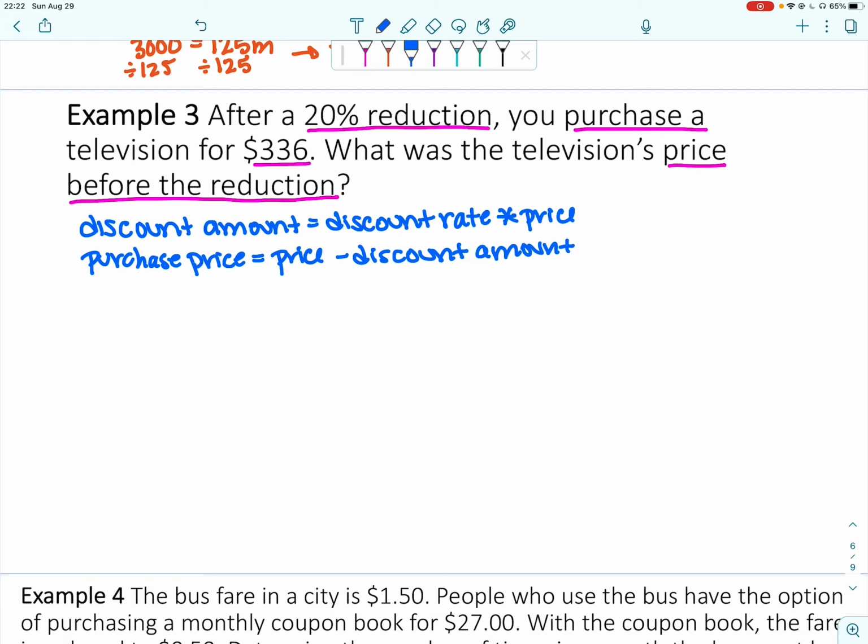So what I'm going to do is take these two formulas and combine them into one. I'm going to replace the discount amount here with this formula here. And the value that I don't know is the price. So X is going to represent the price.